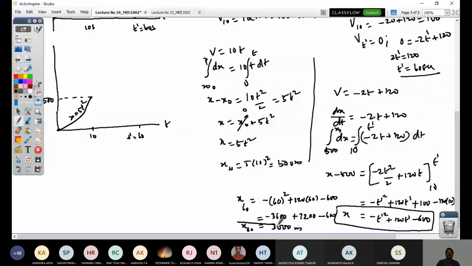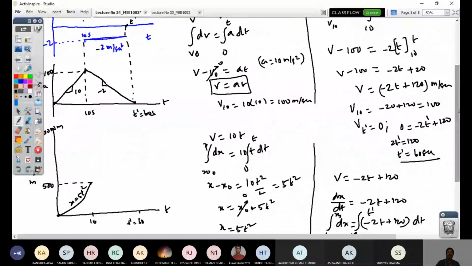Right? So here it is traveling to 3000 meters, not drawn to scale. This is 3000 meters, and it is a straight line equation. So my equation goes till here.